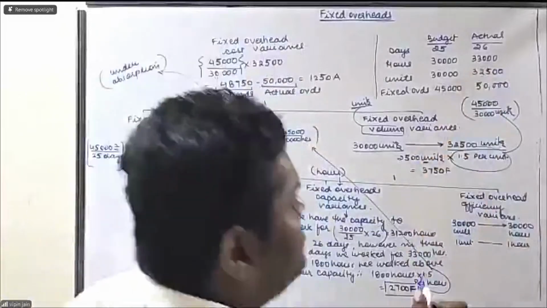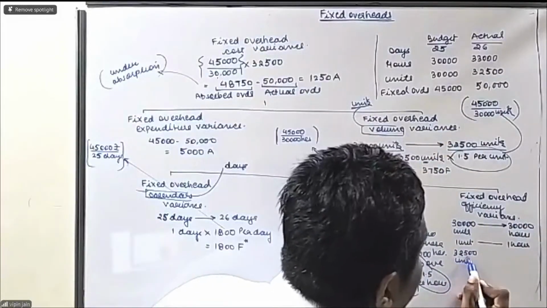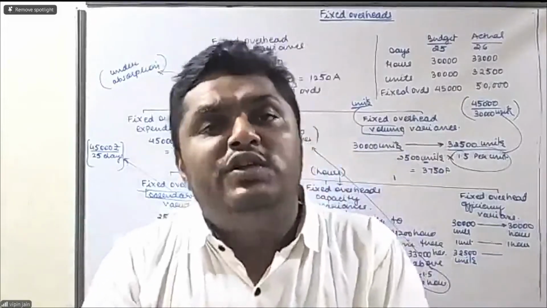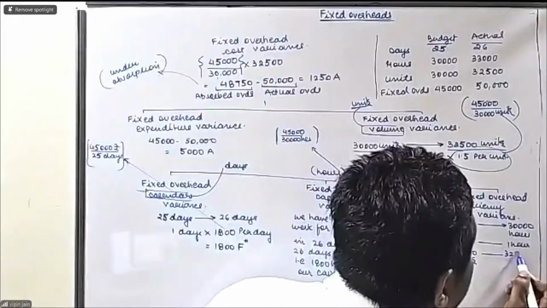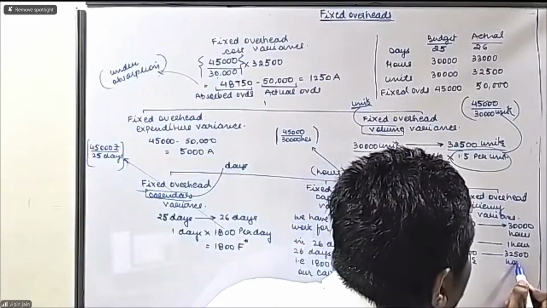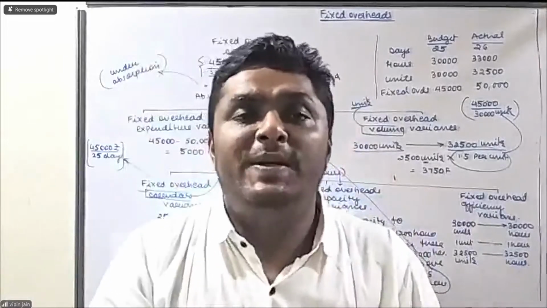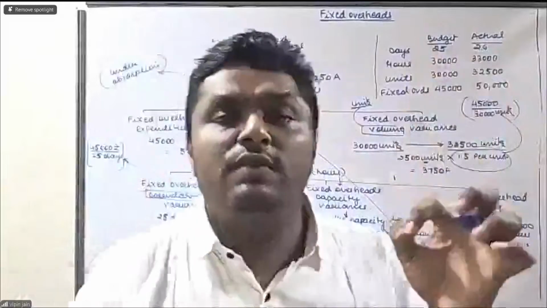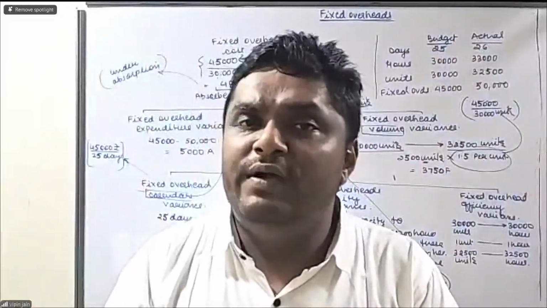Actually, how many units we manufactured? 32,500 units. So these 32,500 units should be manufactured in how many hours? 32,500 hours. 30,000 units, 30,000 hours, so one unit should take not more than 1 hour. So actual production was 32,500, so it should take not more than 32,500 hours.